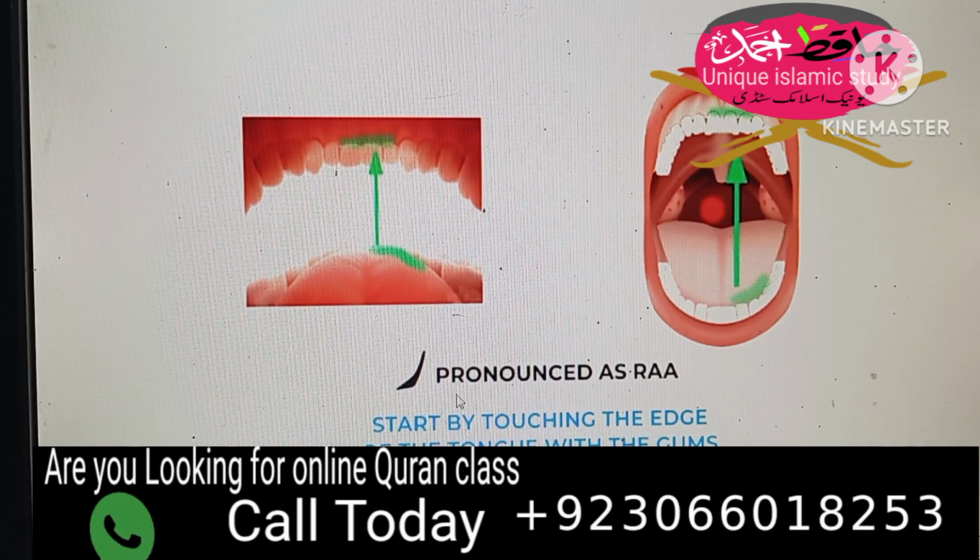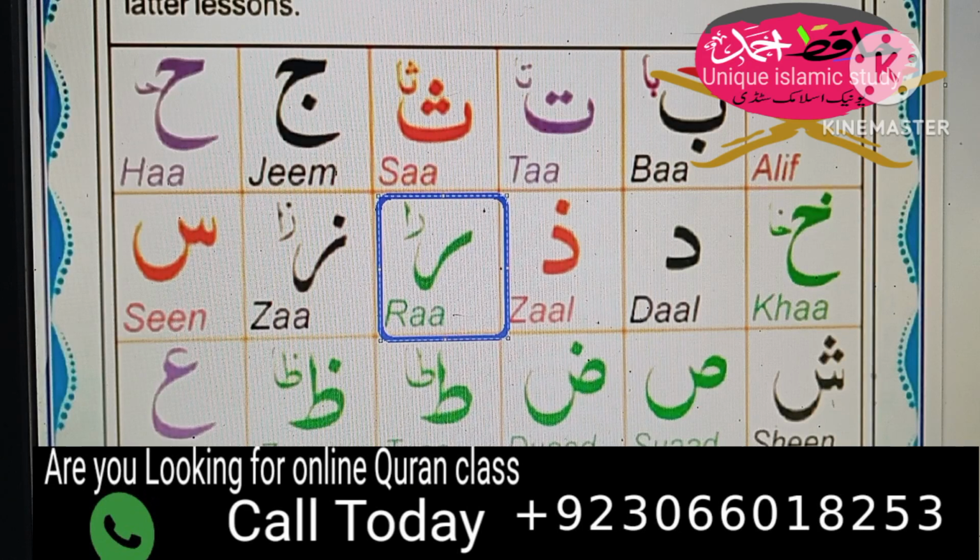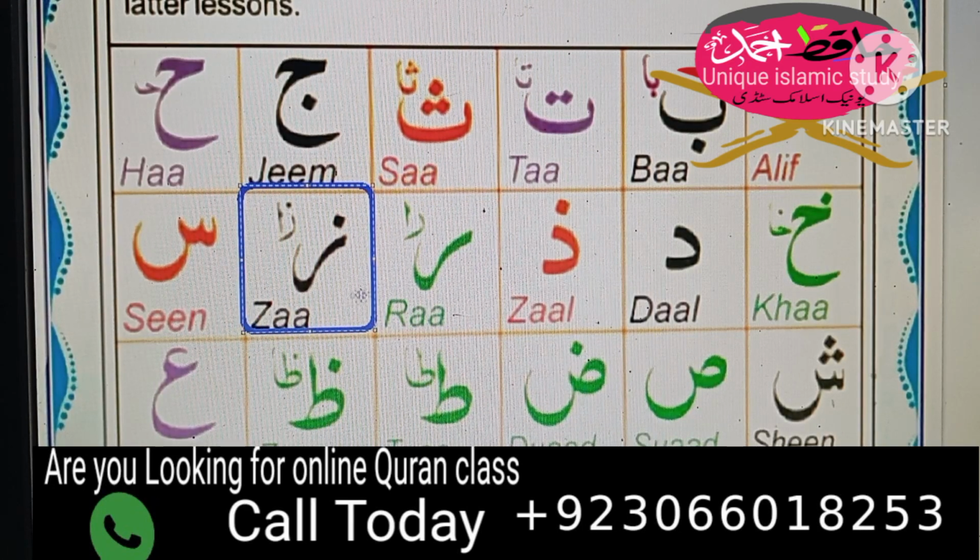So Ra is pronounced by touching the edge of tongue to the gums of the front three teeth. You will say ra. Please read after me. Ra, ra. Our next letter is za.